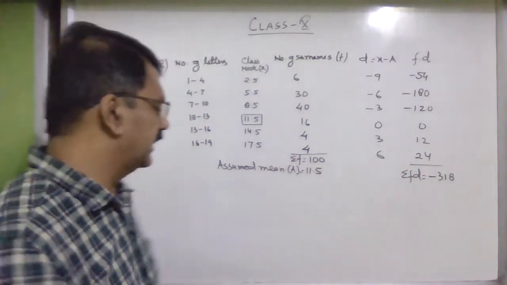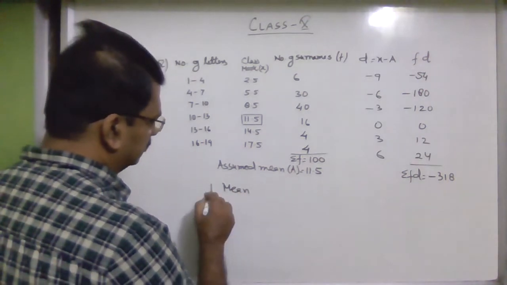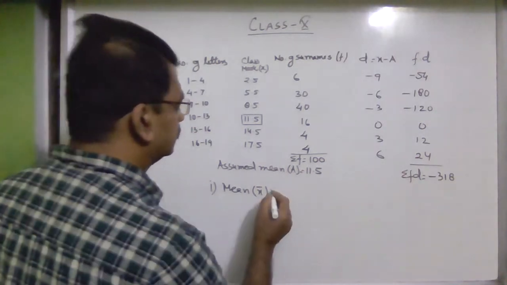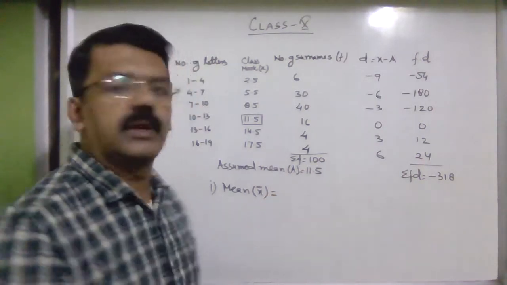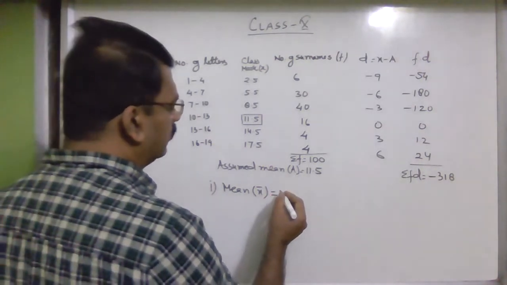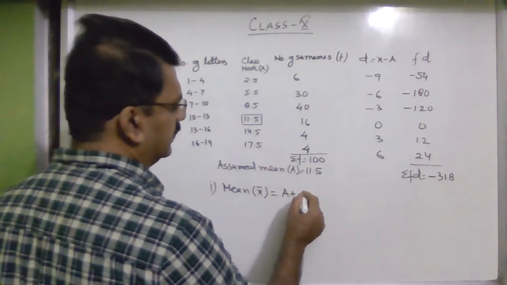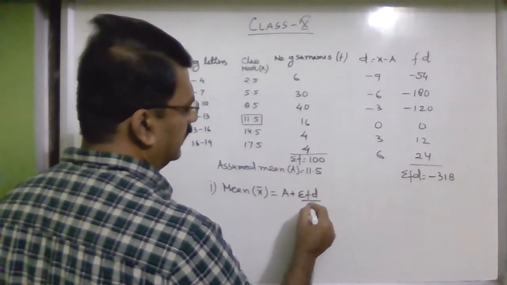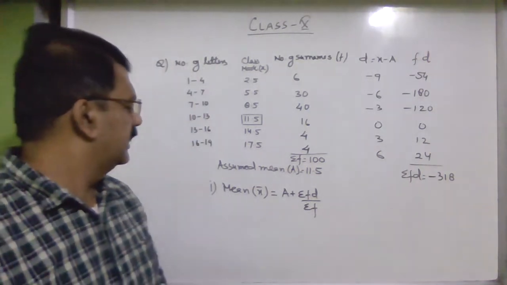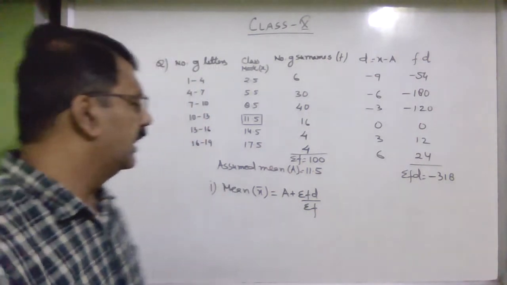Now you know the formula for mean. The formula for mean is a plus sigma fd upon sigma f.